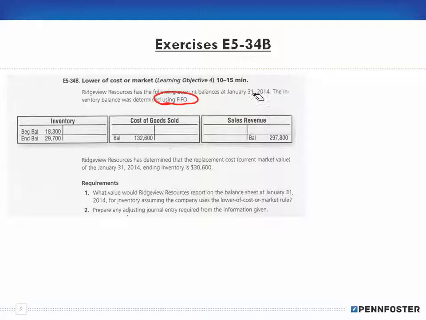So yeah, I underline this date, okay, because it may be important, and I circled using FIFO, and I understand what using the FIFO method means. And then when I read inventory, cost of goods sold, and sales revenue, okay, I added these are income statement accounts, and in the back of my mind, I said, okay, I also can figure out what my gross profit is from this information here.